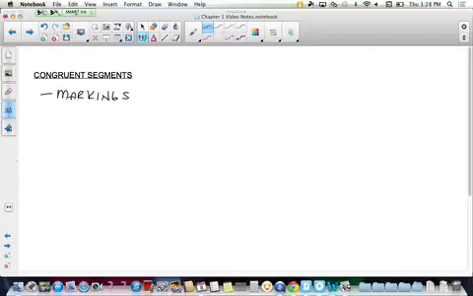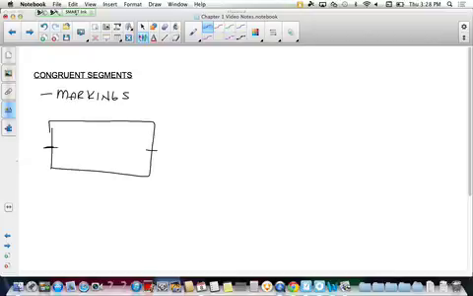From now on, as we look at different figures, you're going to have markings on what we call congruent marks. If I draw a rectangle here, you'll learn later on that rectangles have opposite sides that are congruent with each other. We show that with markings. We use little hash marks. The number of hash marks on a segment tells you which ones are congruent.